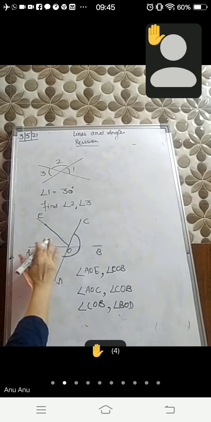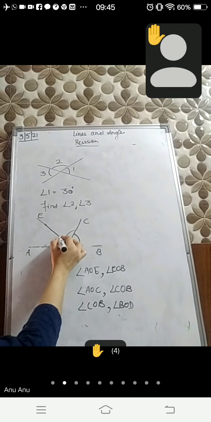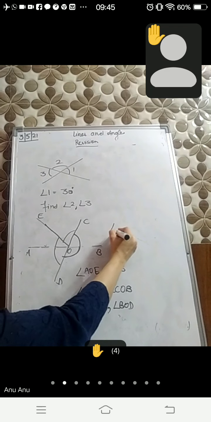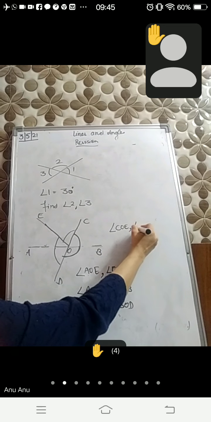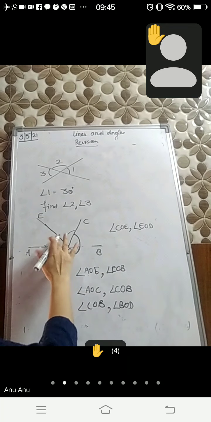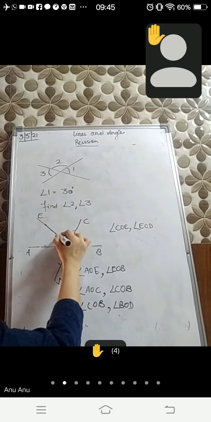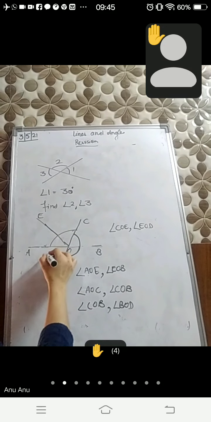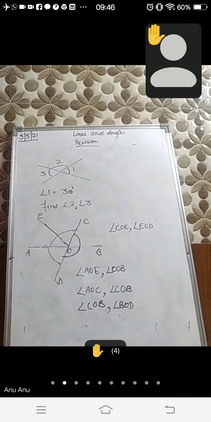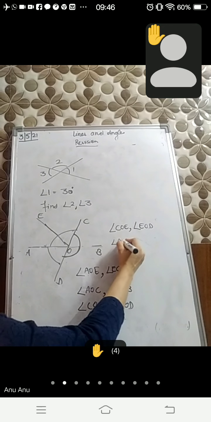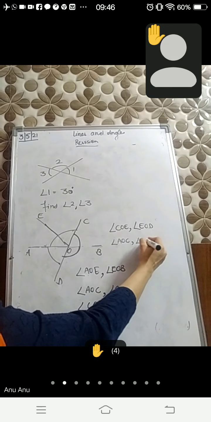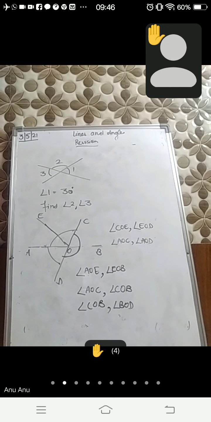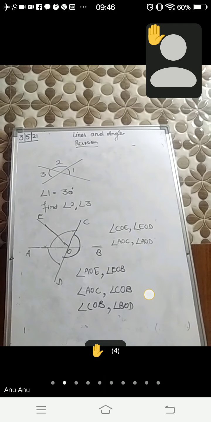And on the left of this line, COE and EOD. COE and EOD. One more angle is there. Take this bigger one, then the small one: AOC and AOD. We have so many pairs. I have written five. Five pairs are there. So you have to write just three pairs.